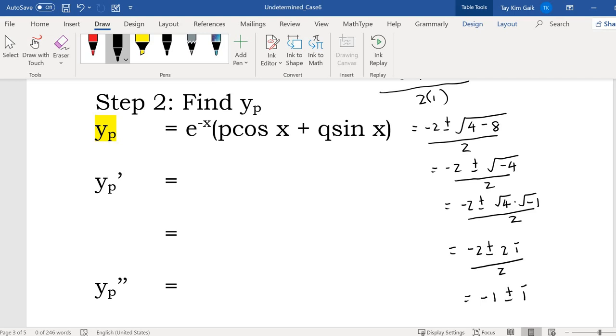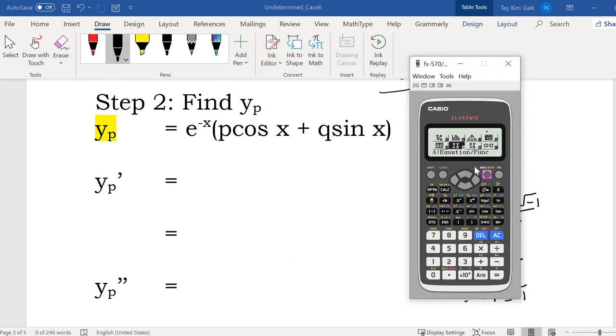So this is using the quadratic formula, or you may use your scientific calculator. For this one, this is the latest K model, Casio Classic FX570. You go to the equation mode and press equals. You can solve simultaneous equations up to 4 unknowns, and polynomials up to degree 4. Here we have a second degree polynomial, so we choose type 2.